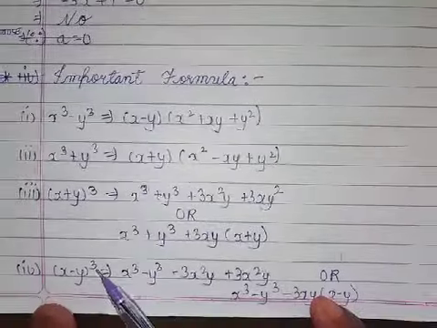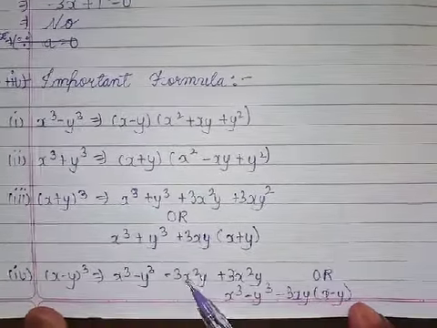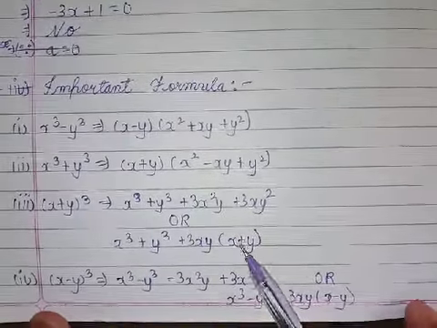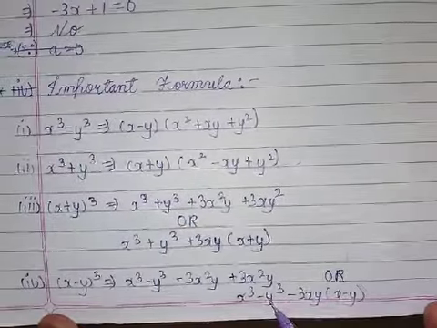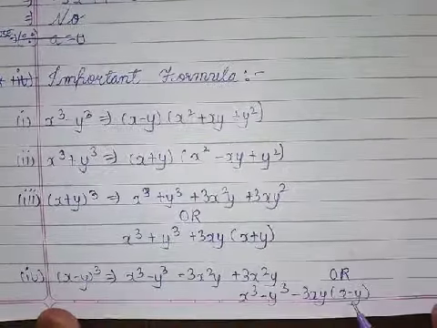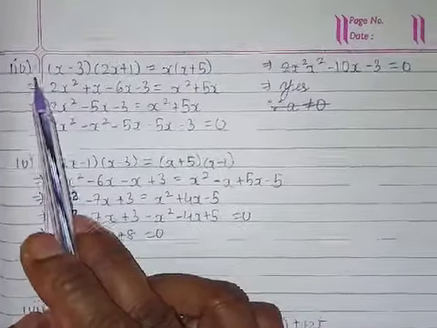So x minus y whole cube is x cube minus y cube minus 3x square y plus 3xy square, or it can be written as x cube minus y cube minus 3xy into the same bracket x minus y.